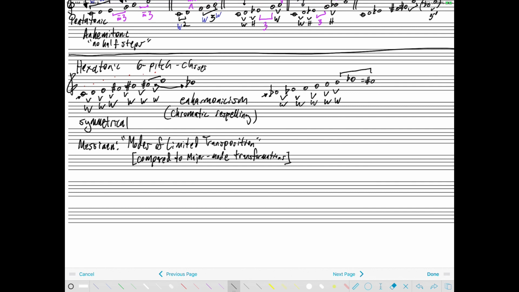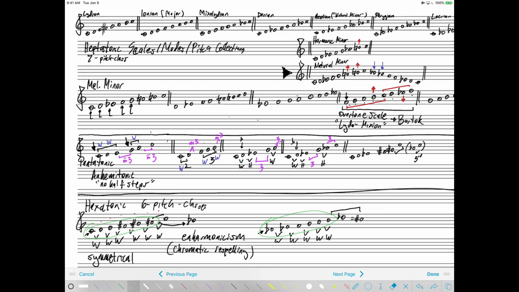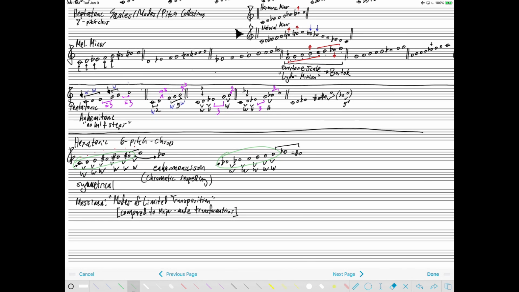That's because if we count up these pitches here, we have half the pitches available to us on a 12-note keyboard. C, D, E, F sharp, G sharp, A sharp. And over here, for this other scale, we have the other 6 pitches. You combine those together, you get all the pitches of the chromatic scale.